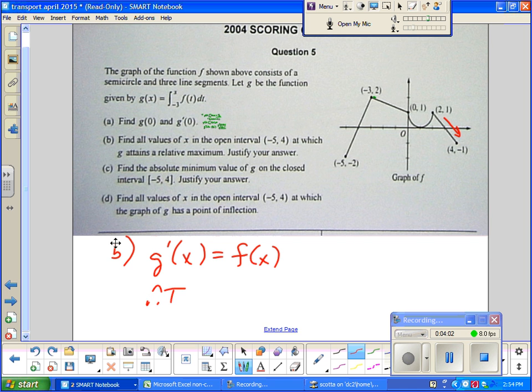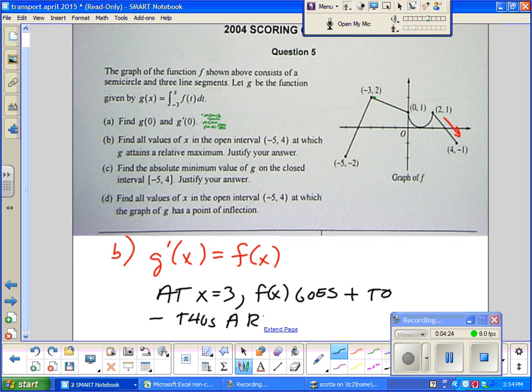So at x equals 3, f of x goes positive to negative. Thus, a relative max. And again, could they have used the word local? Sure. This time they used relative, right?